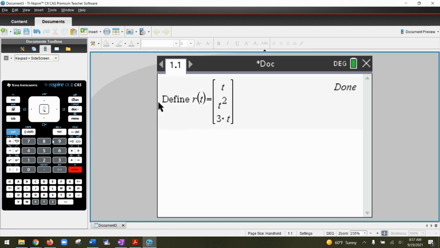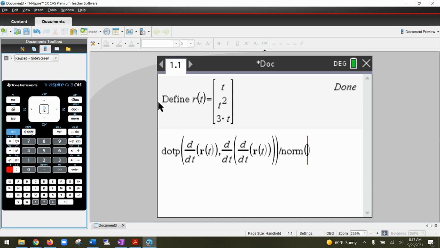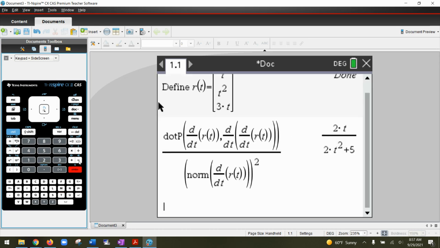So for our tangential component, we're going to take the dot product of the first derivative of r of t and the second derivative of r of t. We'll divide that by the magnitude of the derivative. Okay, so my claim is that the tangential component of acceleration is that expression. Let's see if I'm right.